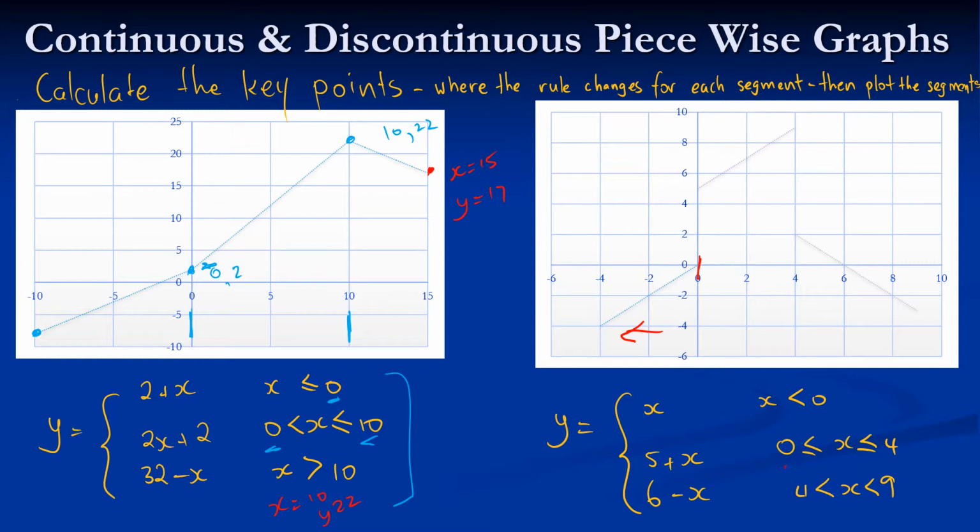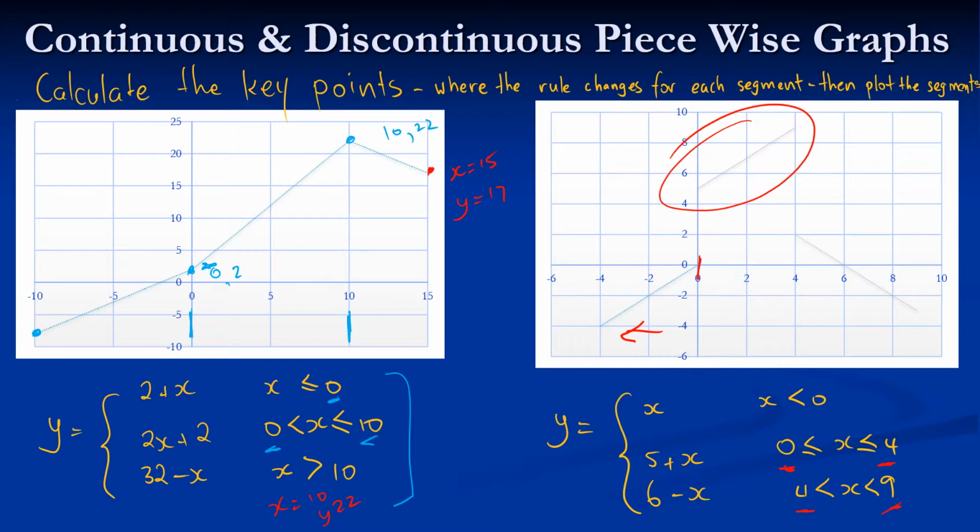From between the values of 0 to 4, y equals 5 plus x. So that's got to be this segment here. So you just construct the segment for the line graphs there. Generally do 2 points for a line, or 3 if you want to be sure that it's linear. And then finally, for the final set of values, y equals 6 take x when x falls between the values of 4 and 9.